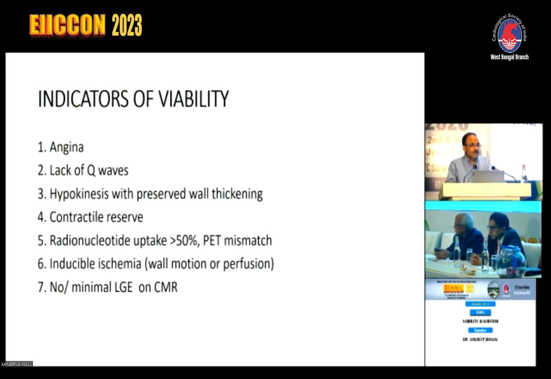Also important is the presence of a contractile reserve. Left ventricular angiography is seldom done these days, but in the good old times, when I did my DM, left ventricular angiography was part and parcel of doing the cardiac catheterization, even if it was coronary angiography.